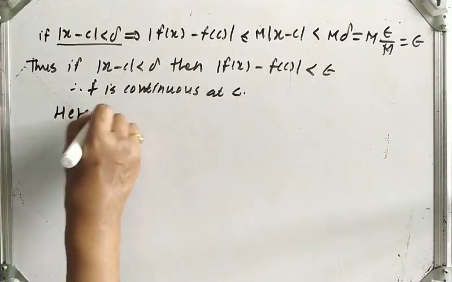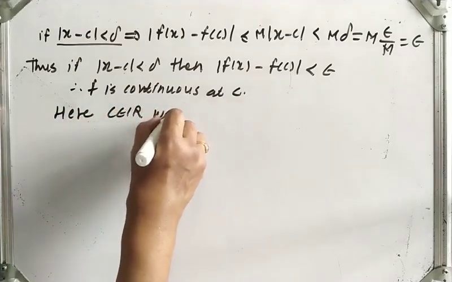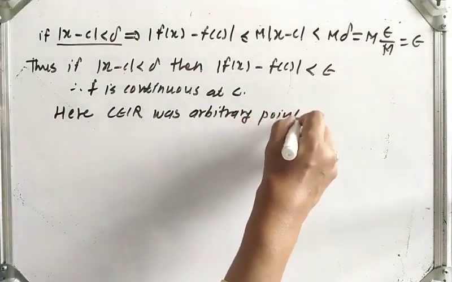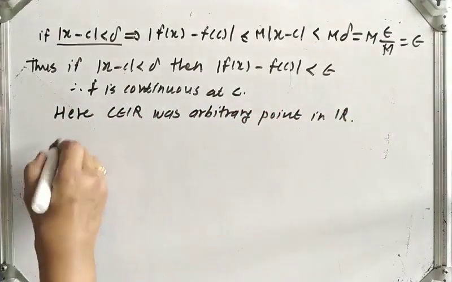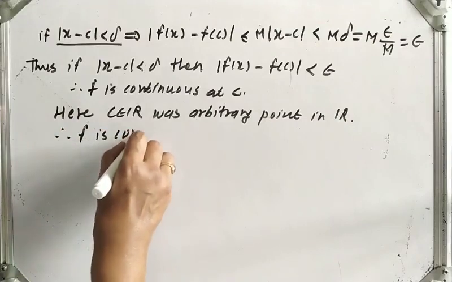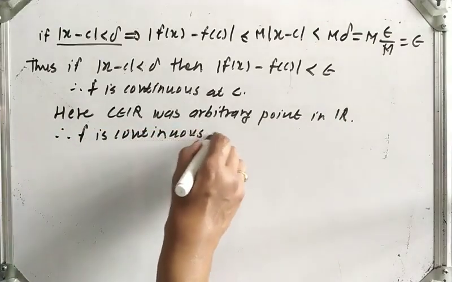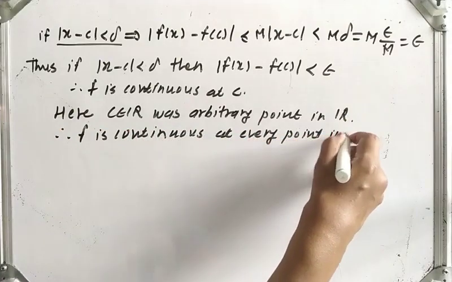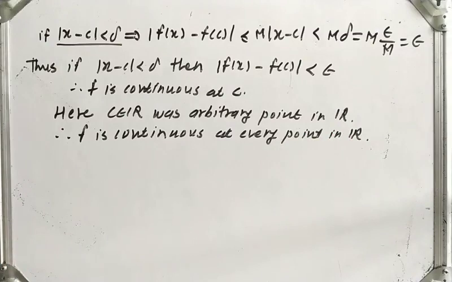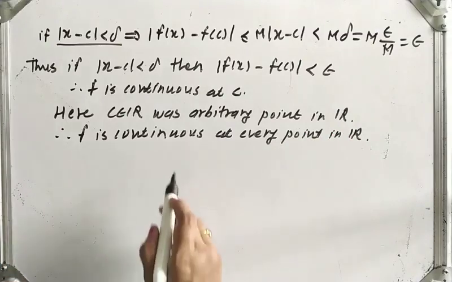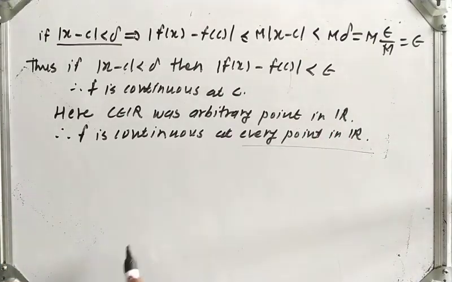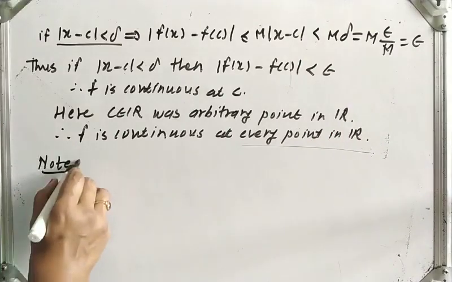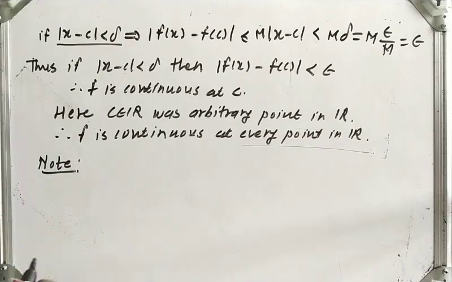Here c belongs to R was an arbitrary point in R. Therefore f is continuous at every point in R. Therefore the given function f satisfying the given condition is continuous for every point in R. Now what is that condition? That condition is called the Lipschitz condition. So take it as a note.